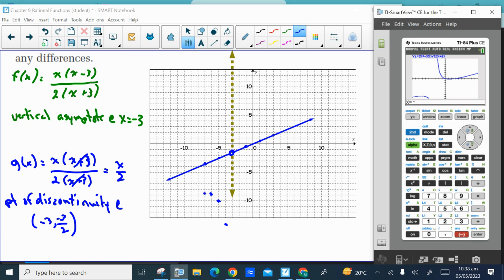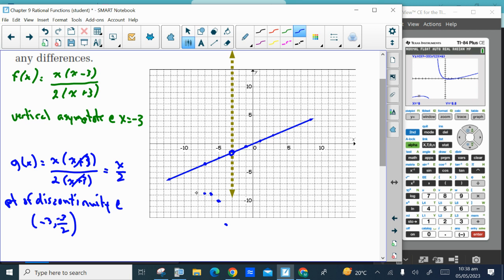And let's do one more, negative 8. We get negative 8.8. So this is the one arm.